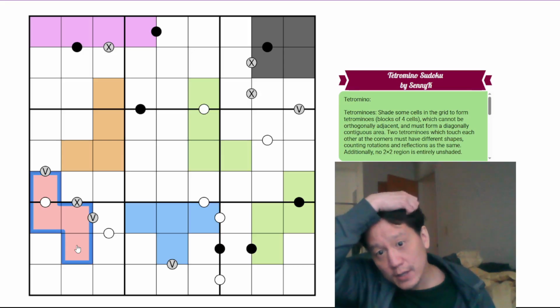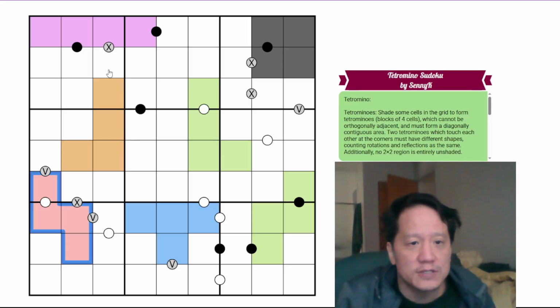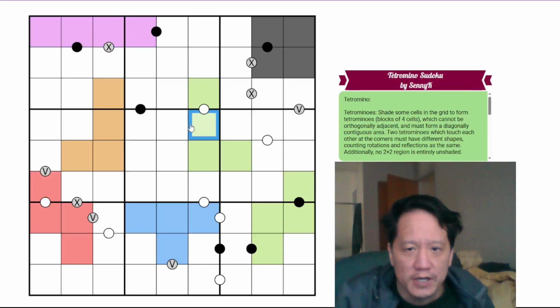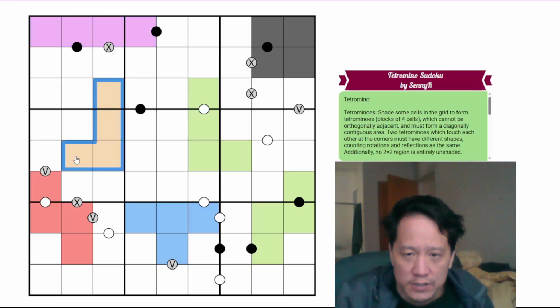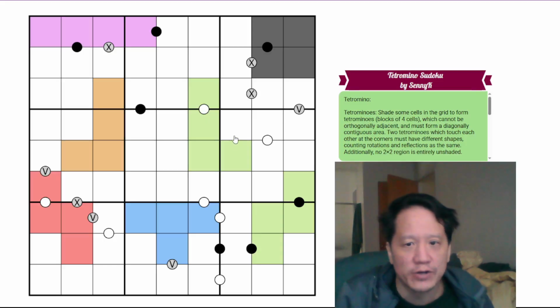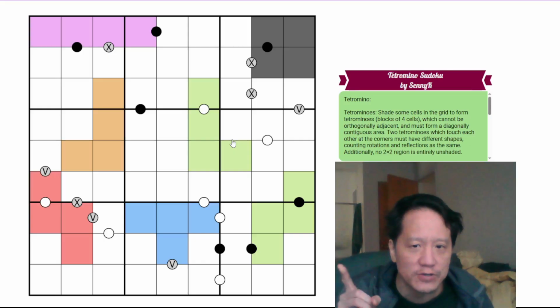So you cannot have tetrominos sharing an edge with another tetromino's shaded cell, because they cannot be orthogonally adjacent, which means sharing an edge. And they must form a diagonally contiguous area.